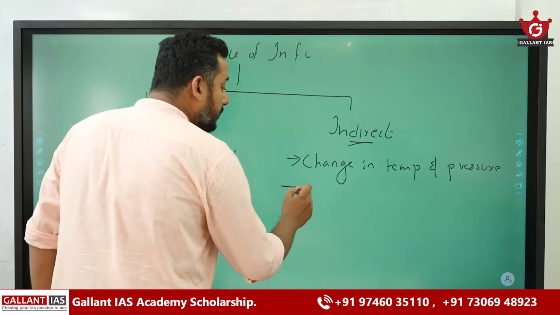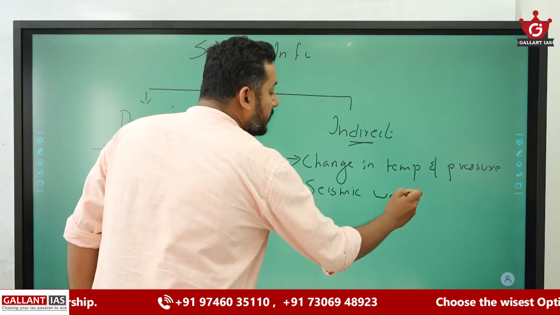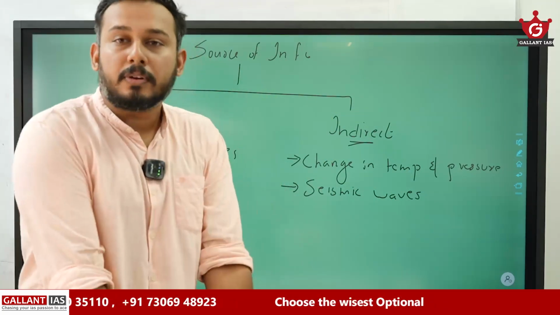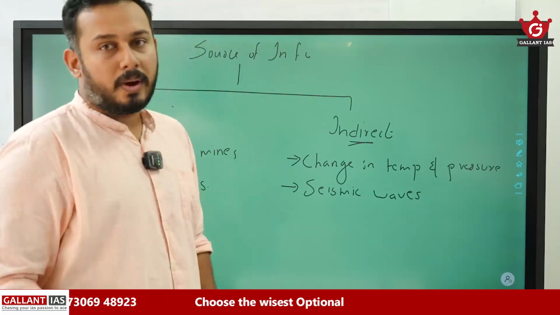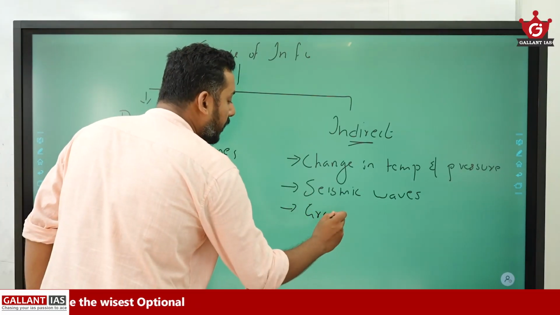Another indirect source is seismic waves. Seismic waves means the waves which are generated during an earthquake. When we study these waves which are coming from the Earth's interior, that also provides us information. We can also say gravity, or the gravitational force.